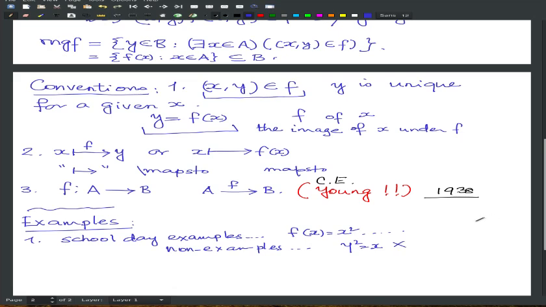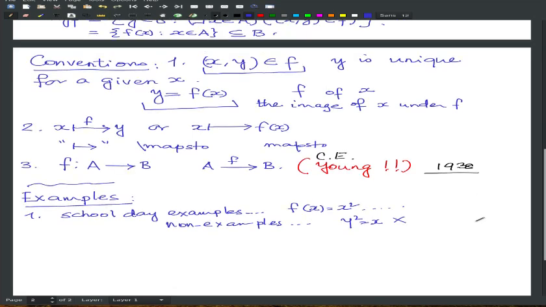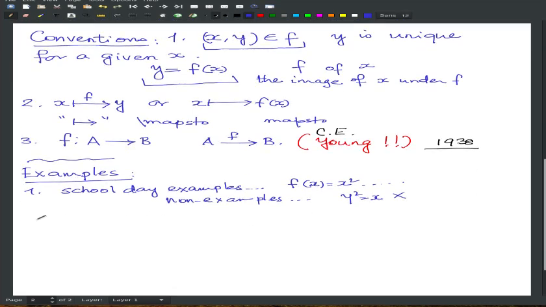Domain, codomain, you can find it out. But here are some more general things.